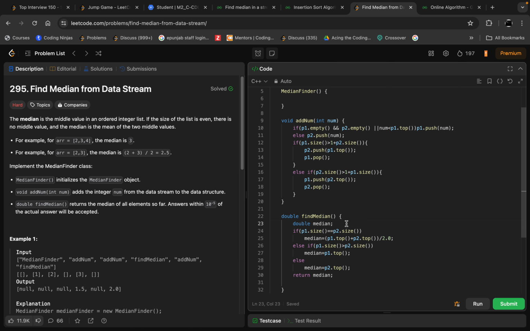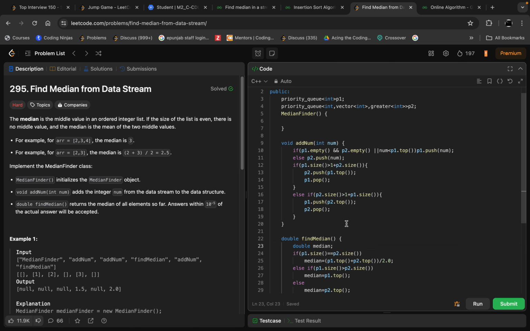So what I have done, I have taken two heaps, a min heap and a max heap, p1 and p2. Whenever I am adding my values, first of all I am checking whether both of my heaps are empty or not. If both of them are empty, I am simply pushing into my min heap. Whenever my element is less than the top of this min heap, I will simply push my num to that min heap, or else I will push it to the other heap.